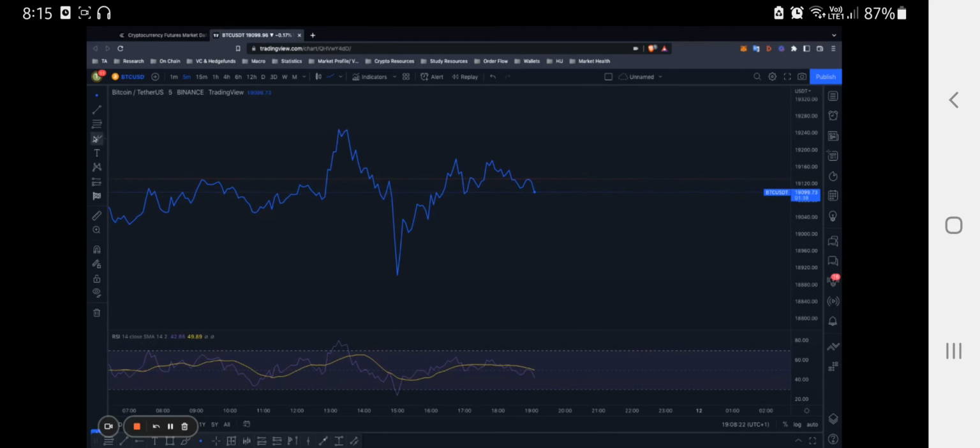And there is actually a pretty decent example of that here, where when you went over 70, if you had sold, you would have been in profit. And when you went below 30, if you had bought, you would end up back in profit.